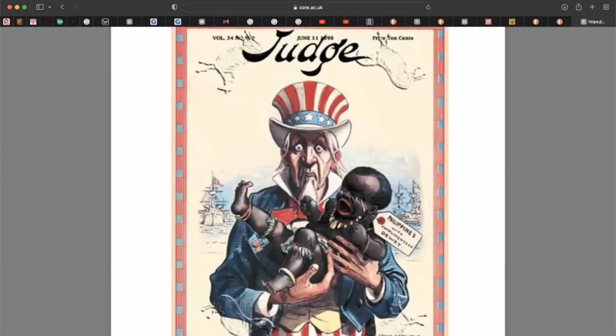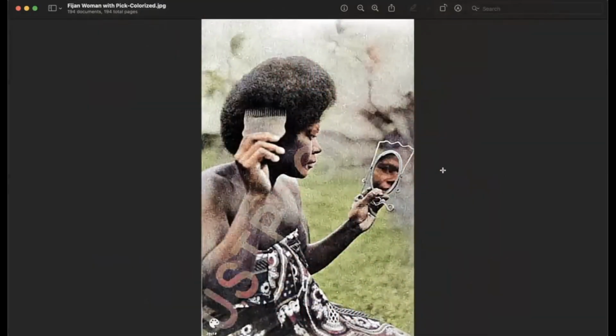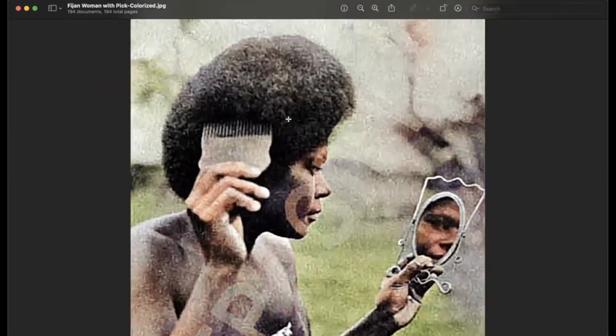All right, this is the Filipino. Break the spell. And this is an awesome pic. Wanted to definitely find another Fijian with a so-called Afro pic, right? Fixing up their hair, and I found this one awesome, as you guys can see. All right, you see her hair, the woolly, curly hair.